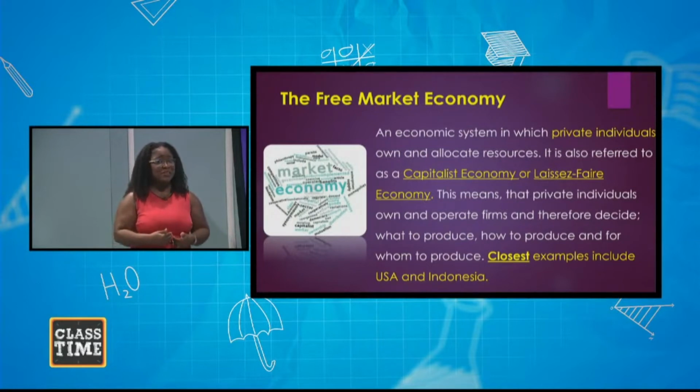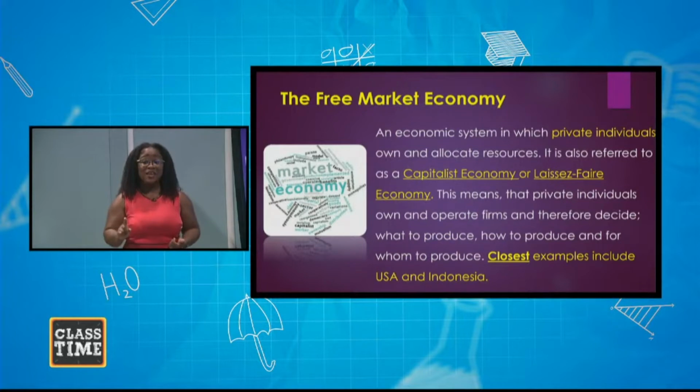We're going to decide what to produce based on what is going to sell, what goods and services are in great demand, and what resources we currently have to embark on the production of certain goods or services.